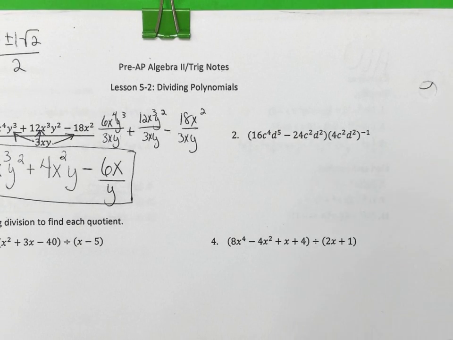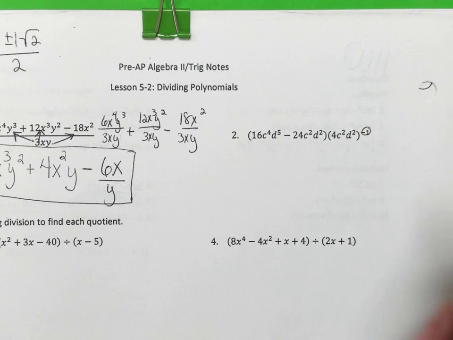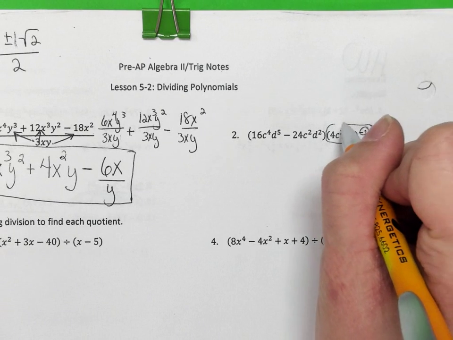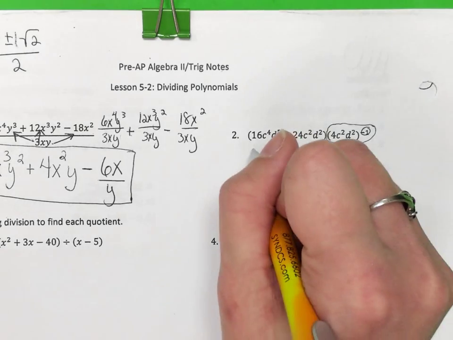All right, what do you see on number 2? The -1 exponent means that all of this goes where? To the second parentheses. To make my life so much easier, what could I just simply do? You could just put it on the bottom.